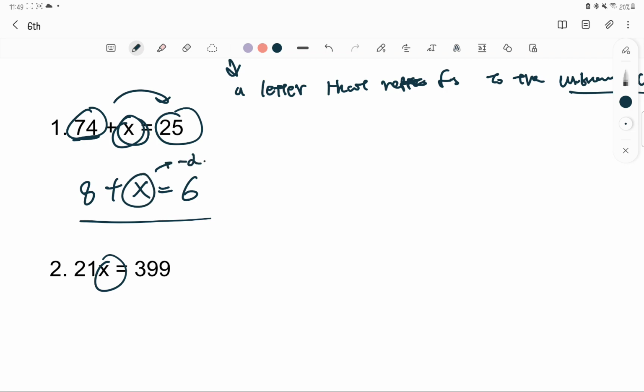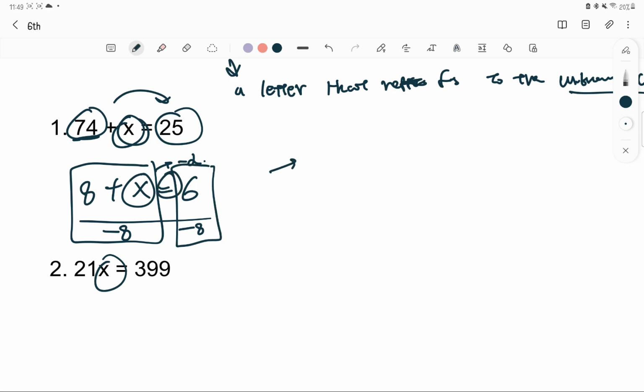But how do you get it? You subtract 8 on both sides of the equation. So it's 8 plus x minus 8 equals 6 minus 8. Just 8 minus 8 is 0, so 0 plus x is just x, and 6 minus 8 is negative 2.